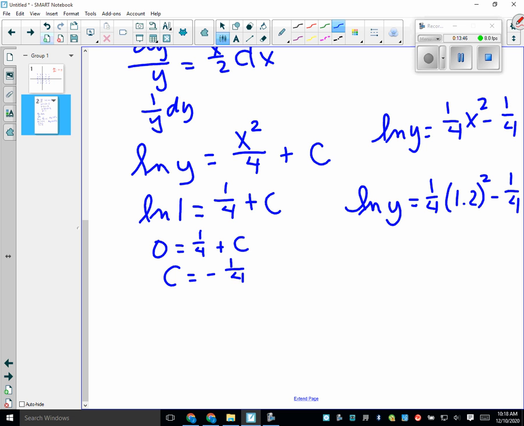However, can I get a value? Griffin, can you get me a value? No? 0.11. ln of y equals 0.11? Exactly? Yes.